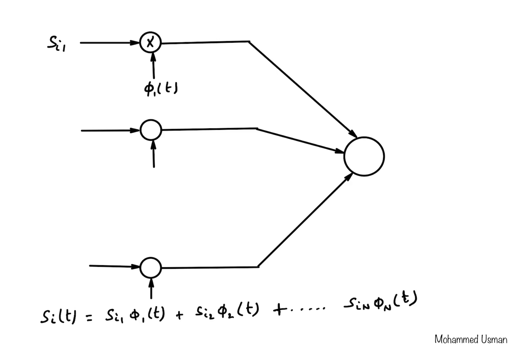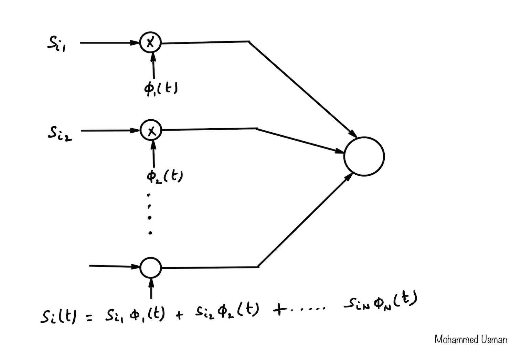So these two are going to get multiplied, Si1 into phi 1 of t. So this here is going to be a multiplier. Similarly, here we'll have Si2 multiplying phi 2 of t. So that's a product here, and like this we'll have n such things.